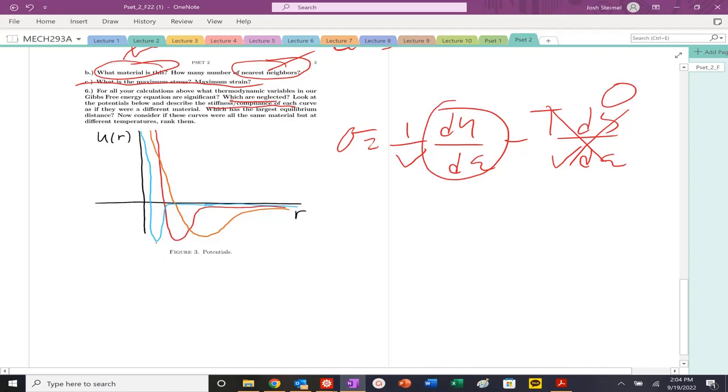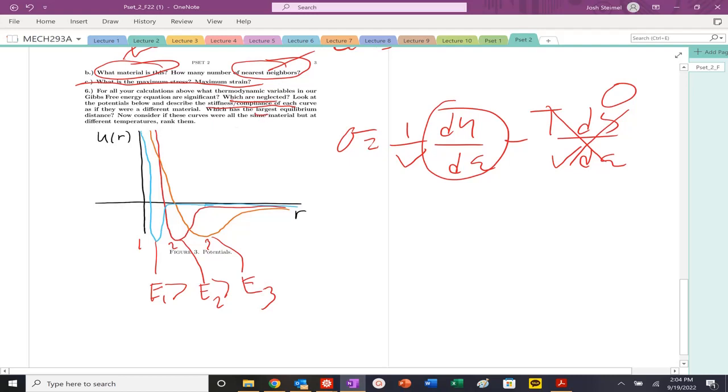Looking at the potentials, how can we describe the stiffness of each curve? Well, I know the first cyan curve has a stiffer Young's modulus than the red, and the red has a larger one than the orange, because I can just look at the curvature, the second derivative, the shape of that potential. So that is for sure the case.